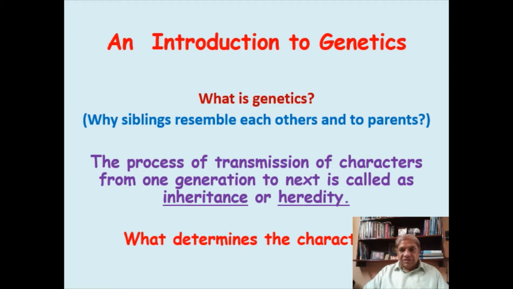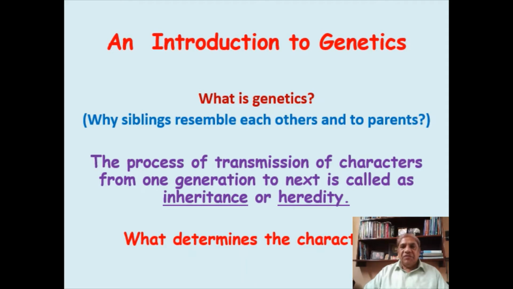I am talking of physical characters. In appearance, they resemble one of the parents, more to one parent and less to the other parent. That case may be anything. This is because characters, physical, mental, or biochemical, are transmitted from the parents to the next generation.